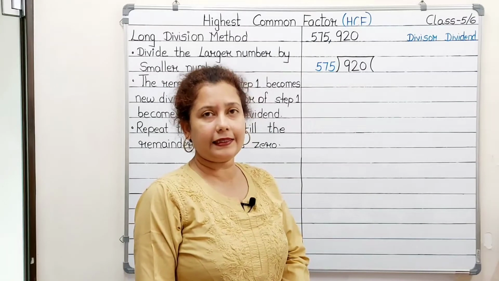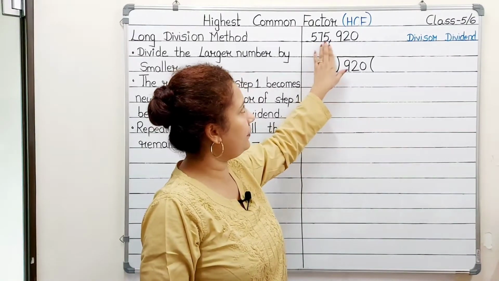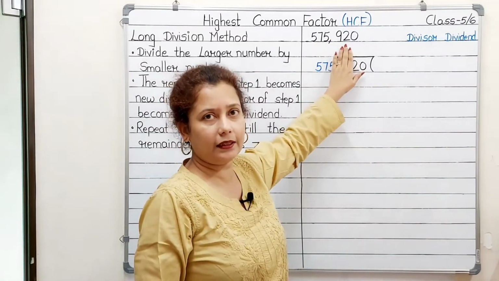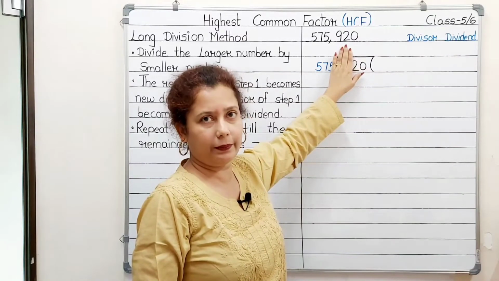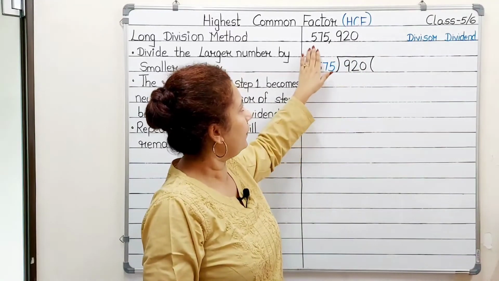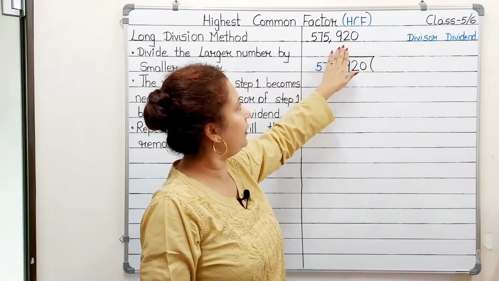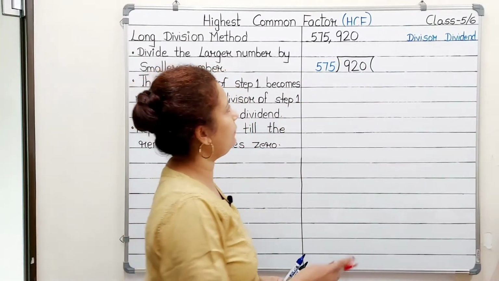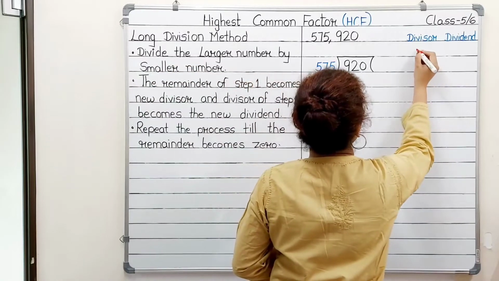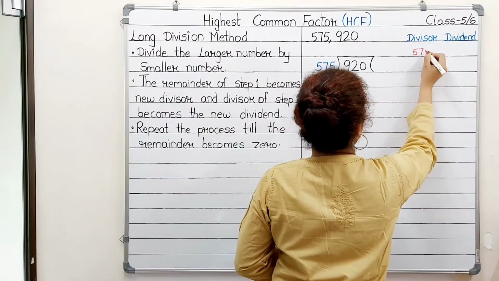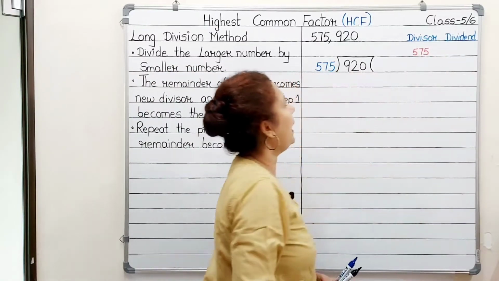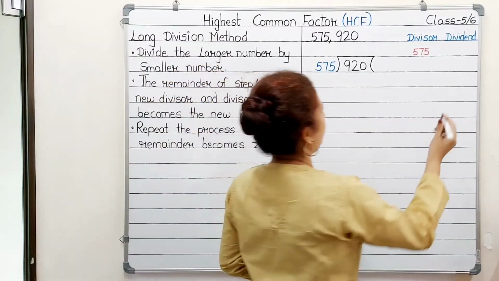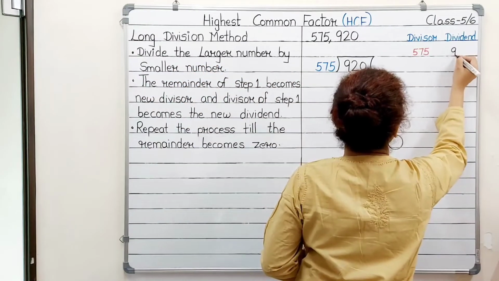Now we will find HCF of 575 and 920 by long division method. 575 is smaller than 920. So here 575 will be our first divisor. And 920 will be our first dividend.